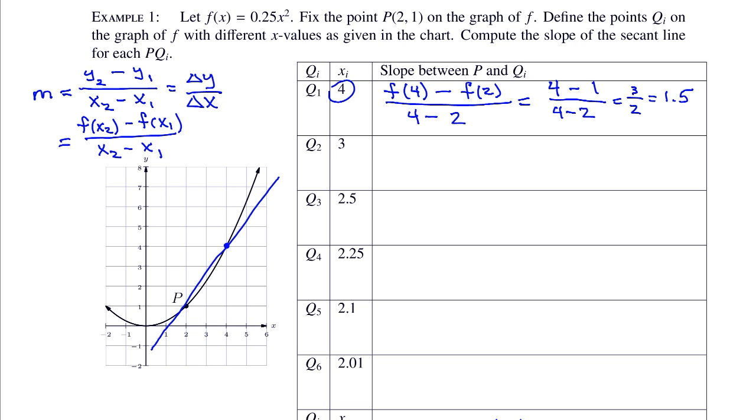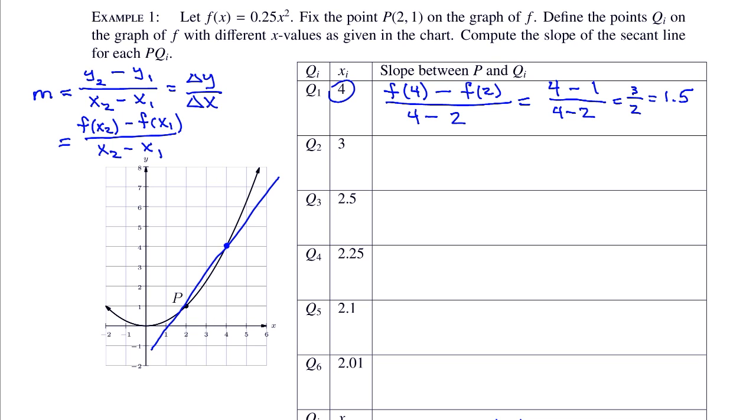Let me make sure everybody's on the same page here. So for Q2, the x value is 3. I don't know why it doesn't focus automatically. It should. So it's 1.25.